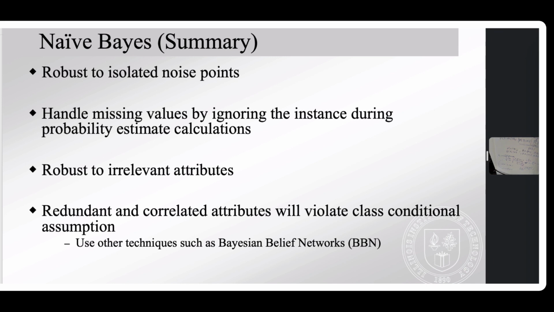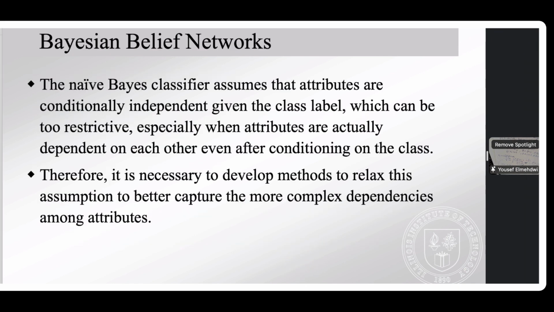It's sometimes unrealistic to assume that all the features are independent. We're going to look at a different technique called the Bayesian belief network. We're going to look at this one just to give you an idea. There's another way which helps us perform the classification using the Bayesian classifier.